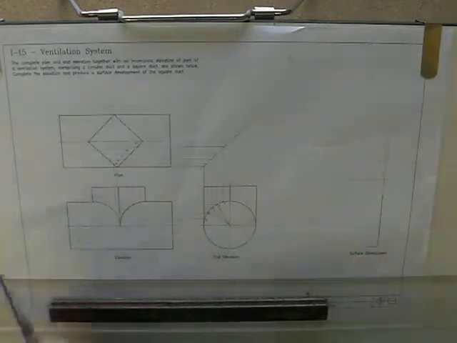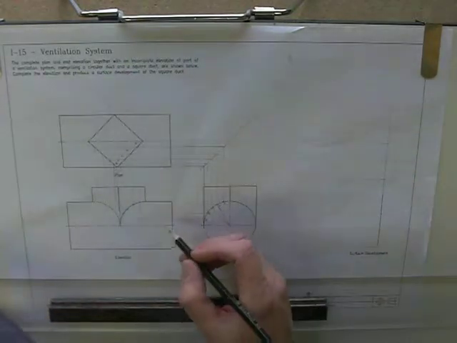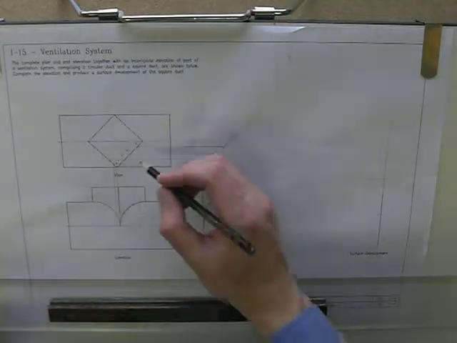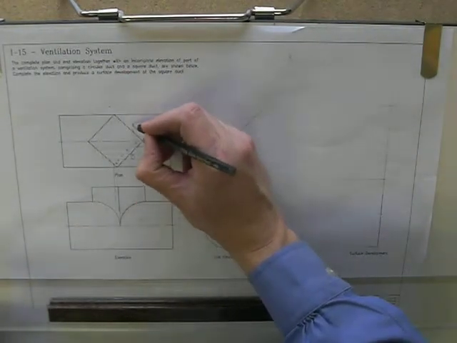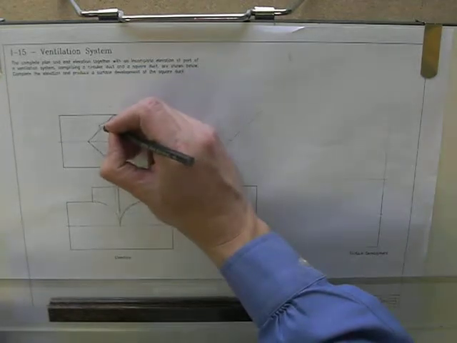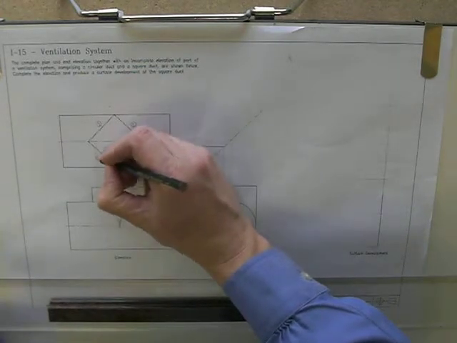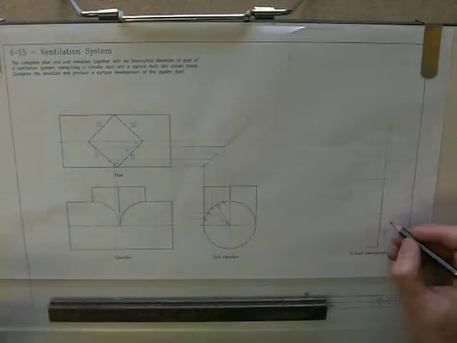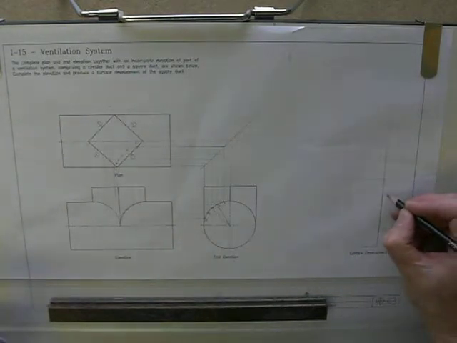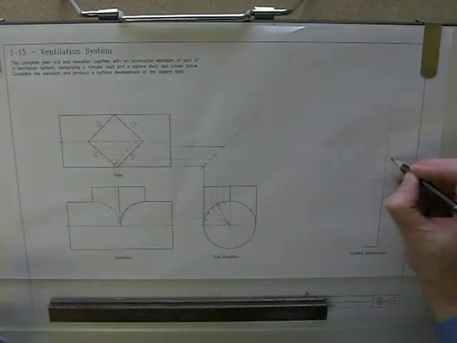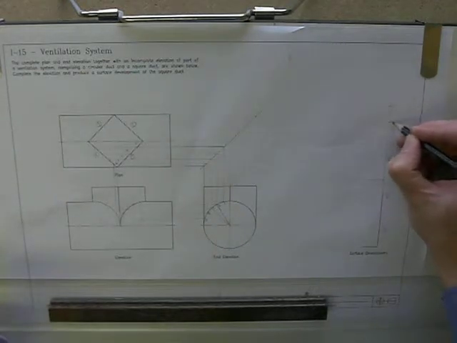Okay, how do we mark it out? Well, I'm going to mark the sides, right? So I'll call this side 1, side 2, side 3, and side 4. Okay, so this is going to be 1, 2, 3, and 4.